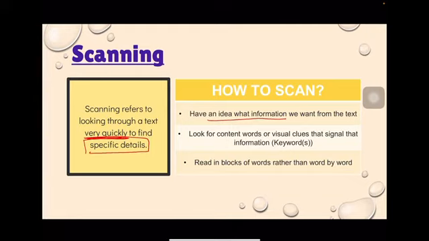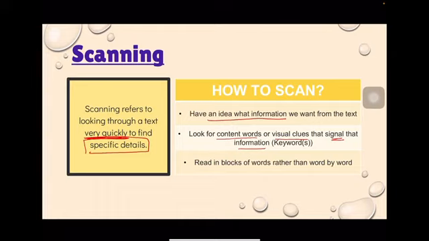Okay, like just now when I asked you, can you show me something that can write? So that is what I want, and you find something that can write, which is the pen or the pencil that you're holding right now. Okay, look for content, word, or visual clues that signal the information. Well, like I said just now, I said look for something that can write. You would check on my word.